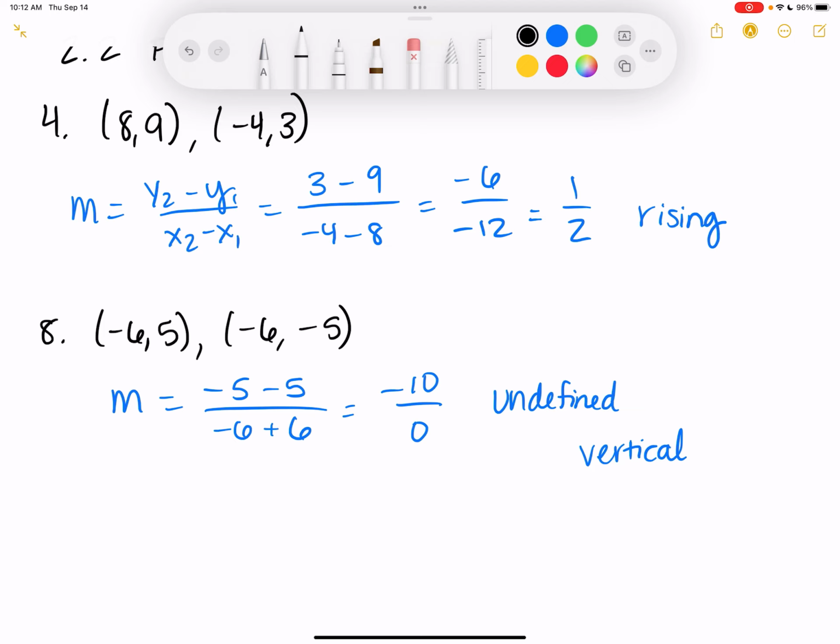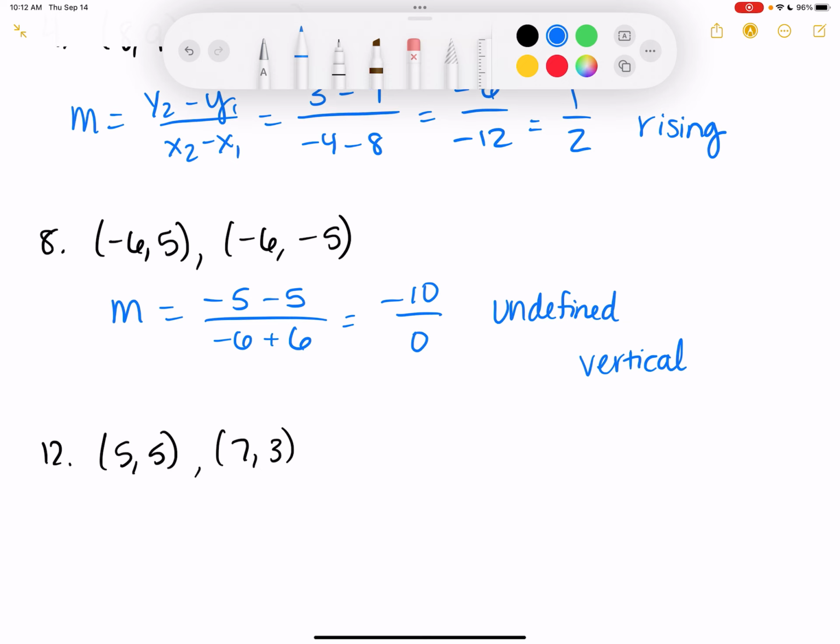Let's see. 12, 5, and 7, 3. So I've got 3 minus 5 over 7 minus 5.